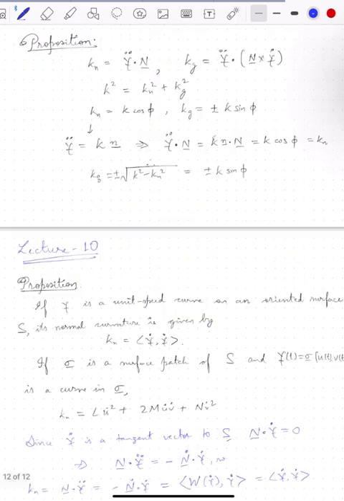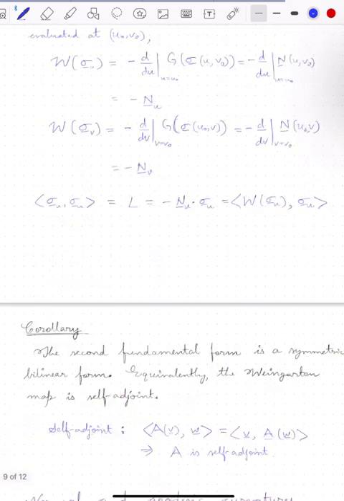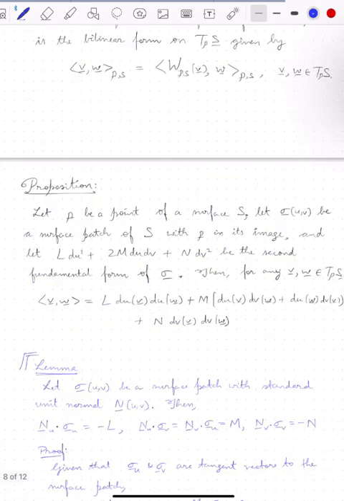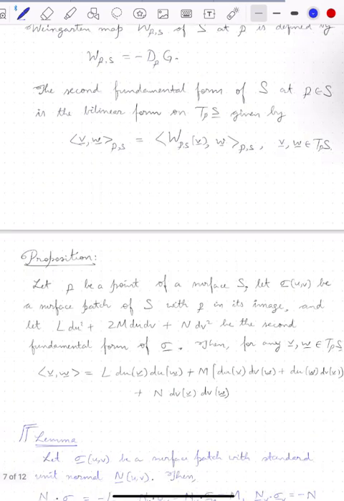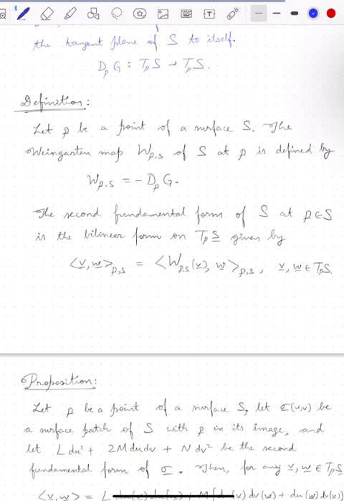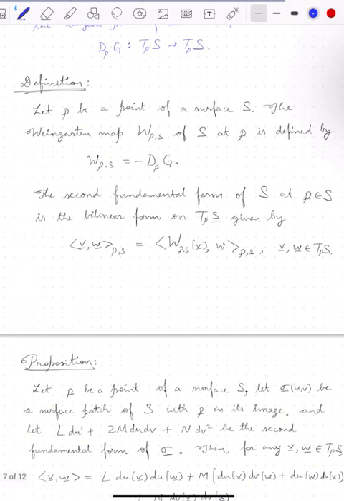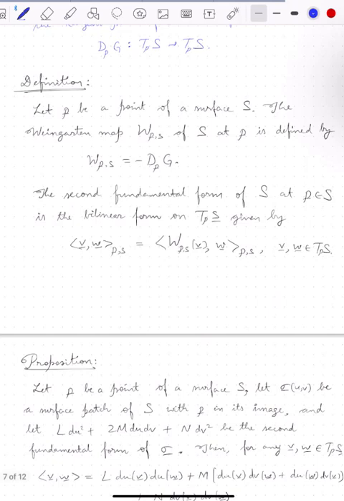So for revision purpose, let's get back to how we define this Weingarten map. It is just minus the derivative of the Gauss map at a point P. And it so happens that the second fundamental form is the bilinear form, which is given as V comma W, both of which are vectors in the tangent plane at point P. Then this is equal to the bilinear form of Weingarten map of V, comma W vector, right?